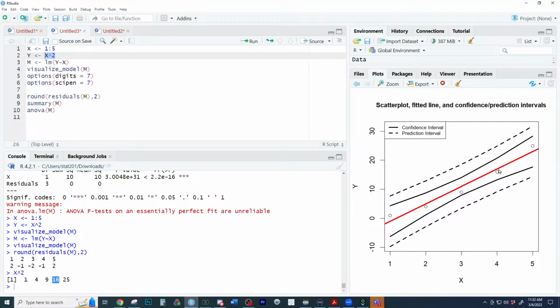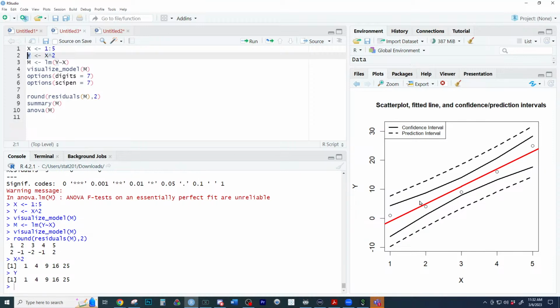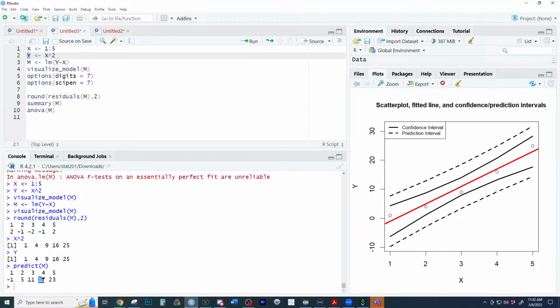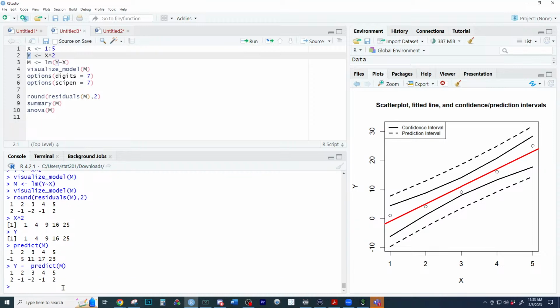So the predicted right there would be 17. Think if the observation of y, so the value of y at that point is 16, and it's 1 below the line, well, then the line has to be at 17. And we could easily do that by going here to predict and make predictions, and there's the prediction. So we could actually take actual minus predicted, and there's the residuals.